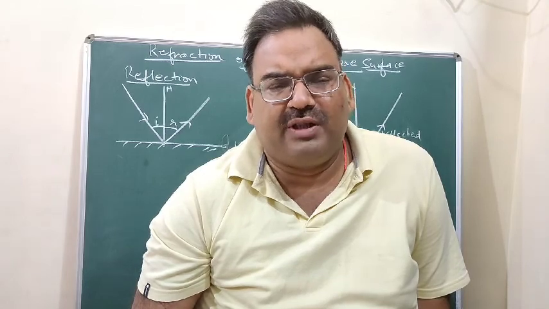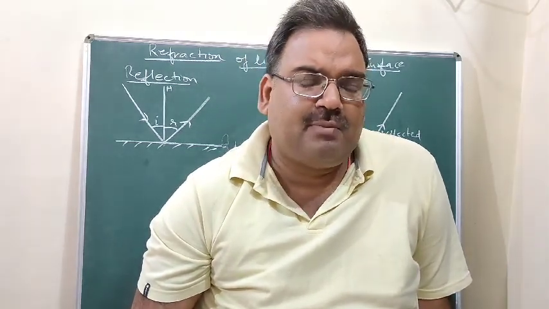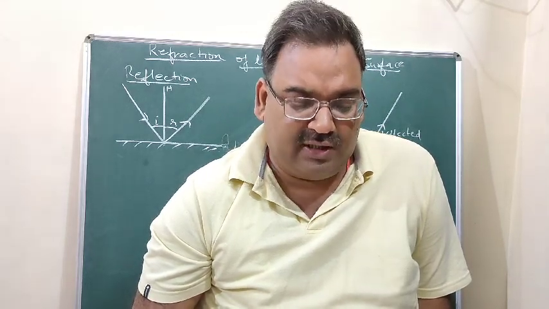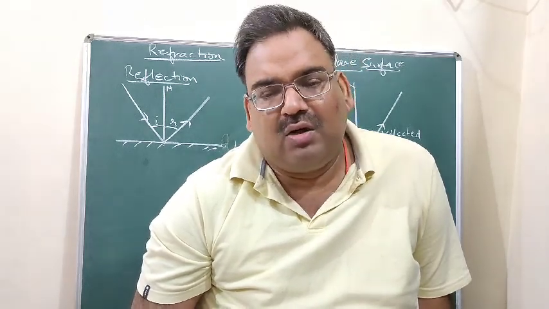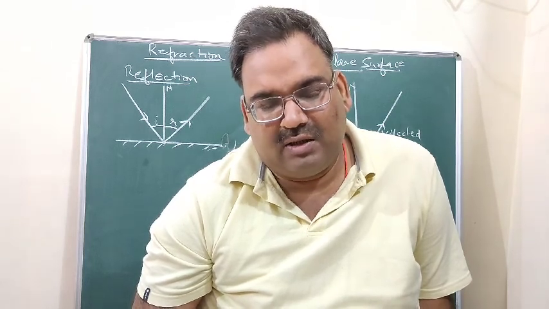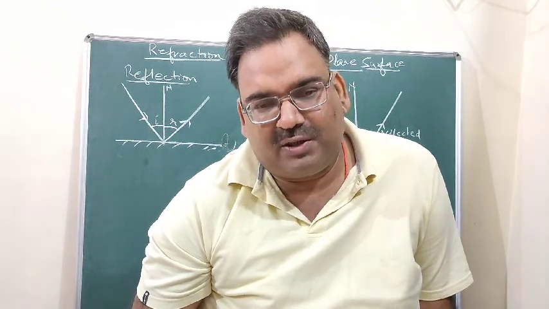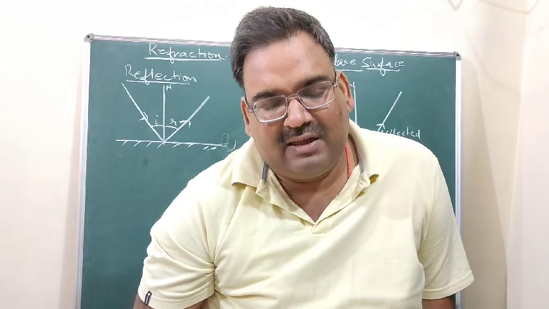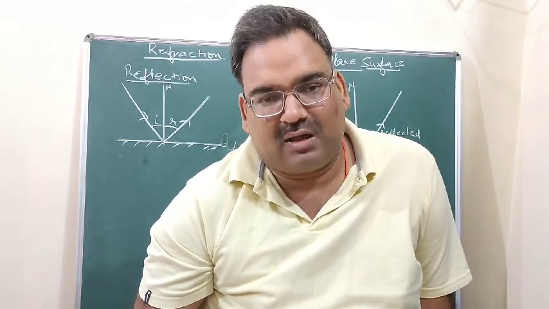Refraction is a boundary phenomenon. It takes place at the boundary which separates the two media. When a ray of light travels from one optical medium to another optical medium having different optical densities, it suffers deviation from its path.